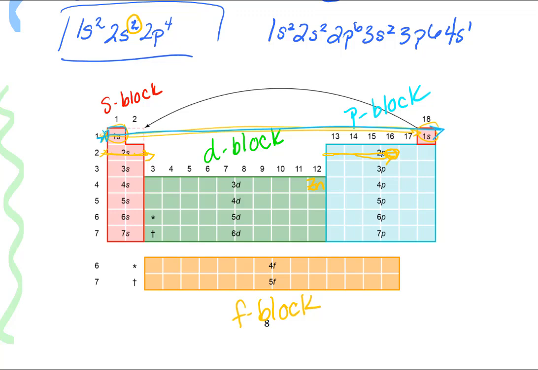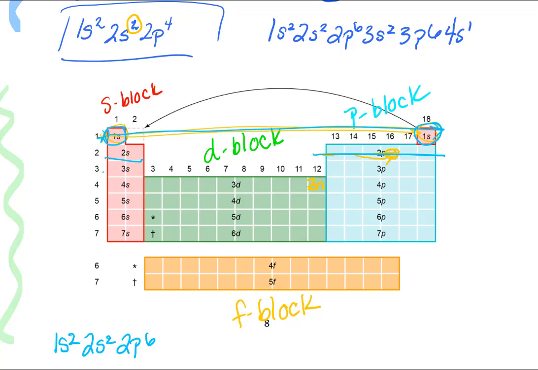So each square, so that we don't confuse blocks with individual elements, is going to be an electron. So we have 1s2. Now we come over and fill in this part, which is 2s2. Then we fill in this part, which is 2p6.